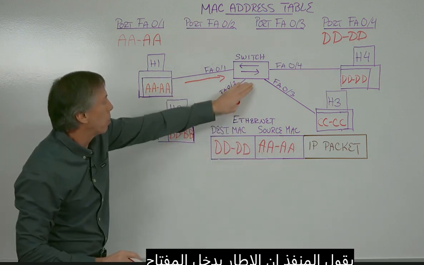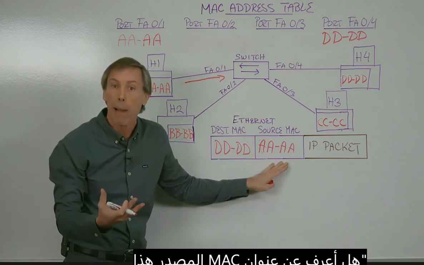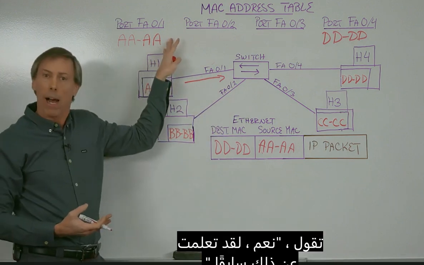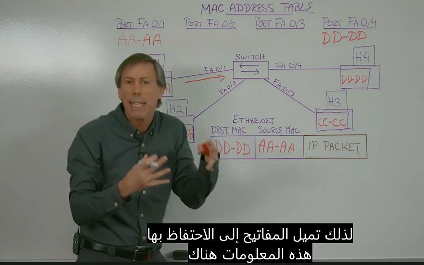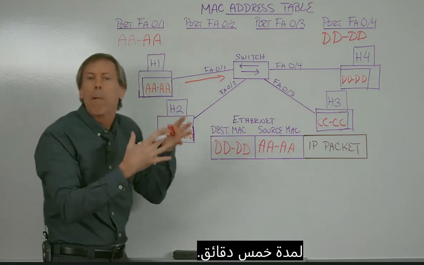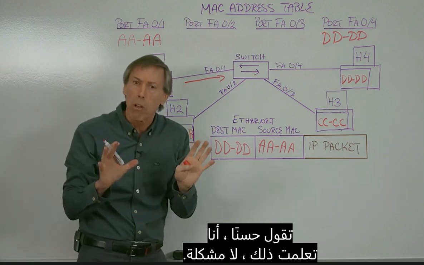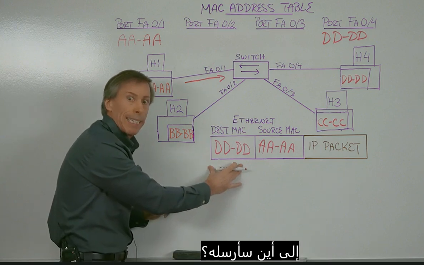The frame enters the switch. The switch says, do I know about this source MAC address on FastEthernet 0/1? Yeah, I've learned about it previously. Switches tend to keep this information in there for about 5 minutes. Okay, I've learned that, no problem. How about forwarding the frame? Where am I going to send it?